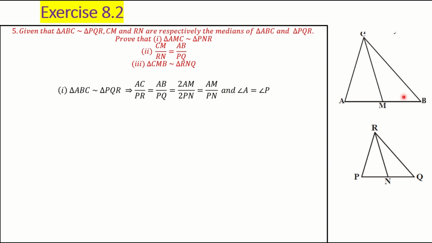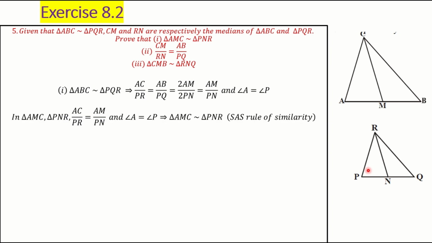First thing is ABC is similar to PQR, which is given. So AC by PR equals AB by PQ. Now AB is nothing but 2 AM, because M is the median and N is the median. So 2AM by 2PN, which is equal to AM by PN, correct? So that means angle A is also equal to angle P, which is also given, correct?